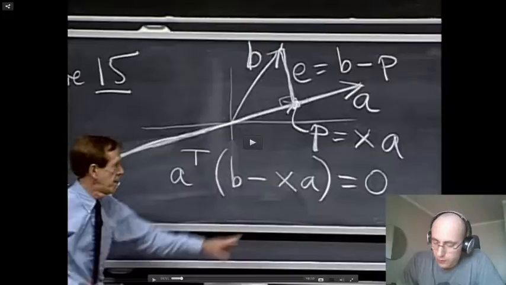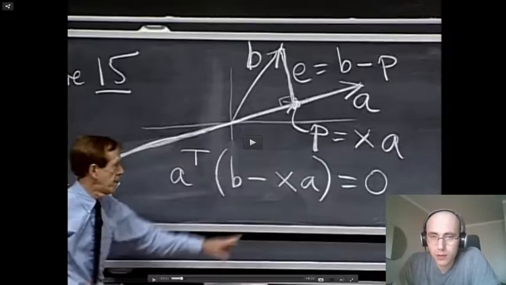Let's write it down first. A transpose times (B minus xA) equals 0. xA is P, and B minus P is E. So A transpose times E equals 0, because they are orthogonal to each other. And E equals B minus xA.